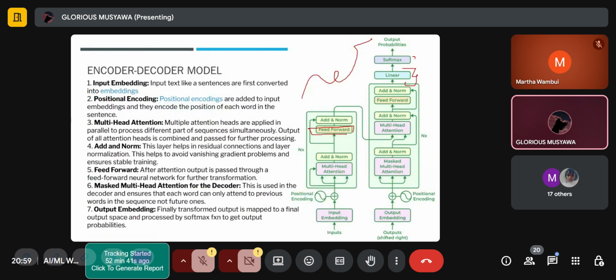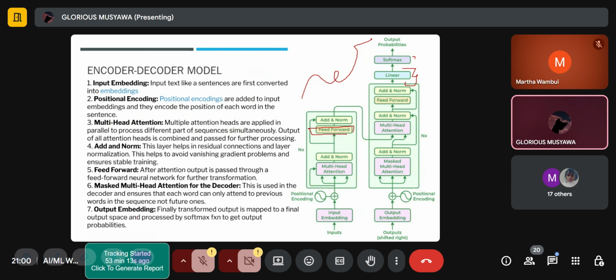So with multi-head attention, we have multiple attention heads applied in parallel to process different parts of sequences simultaneously. Remember, when we talked about recurrent neural networks, we said start with the first word of the paragraph or of the text or of the book or the website, whatever I'm getting my data from, then read sequentially through the words or the text.